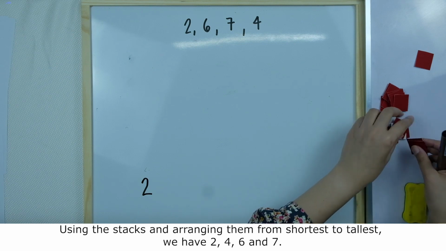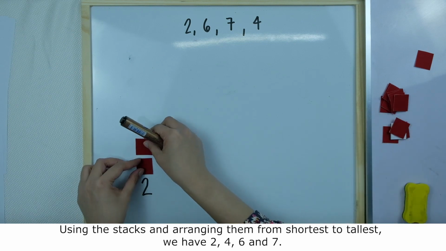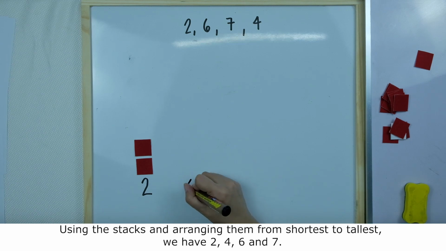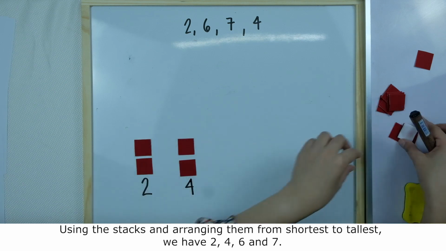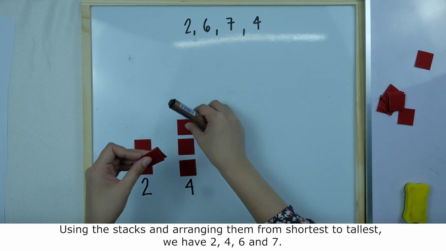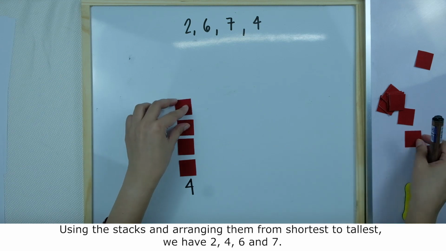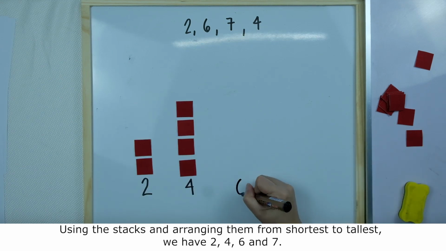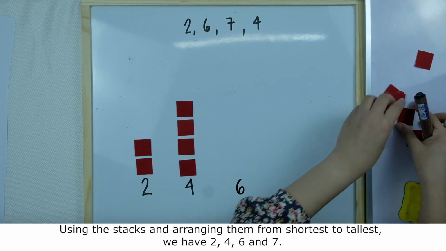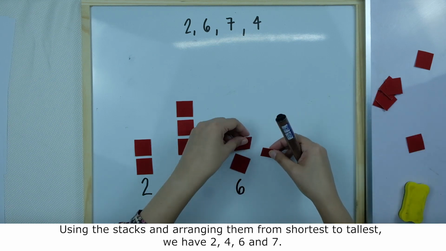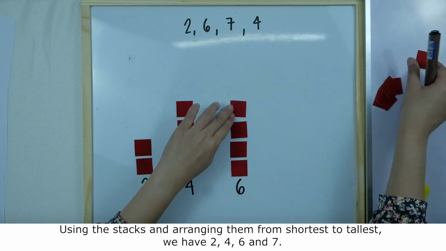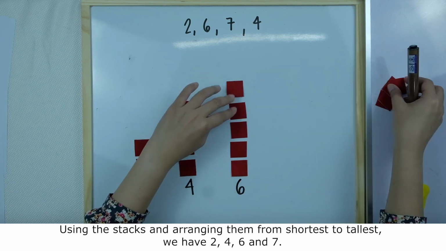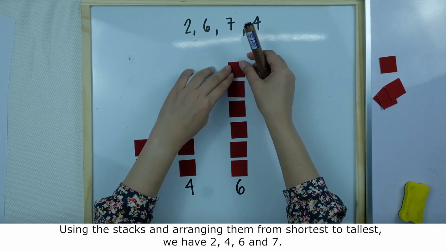So the number 2 will make use of 2 counters, followed by 4 with 4 counters. 1, 2, 3, 4. Then our third stack will have 6 counters. 1, 2, 3, 4, 5, and 6.